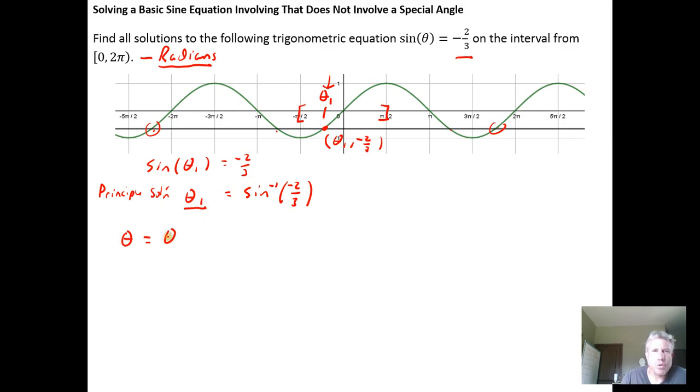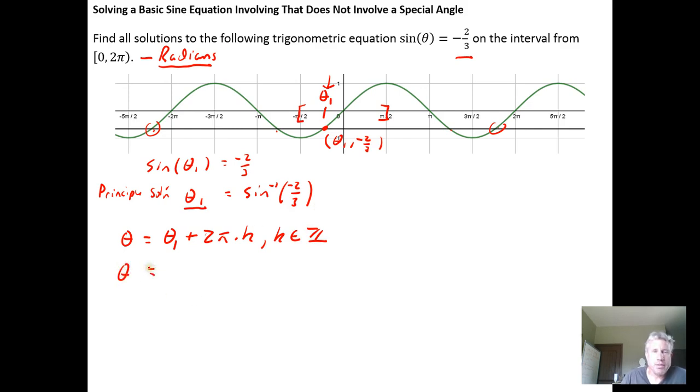So we describe our coterminal angles. Any angle theta that's coterminal with theta sub 1 will be equal to theta sub 1 plus 2 pi, a full rotation around the circle, times k, the integer that generates the rotations around the circle, where k has to be an integer value, 0, plus or minus 1, plus or minus 2, etc.